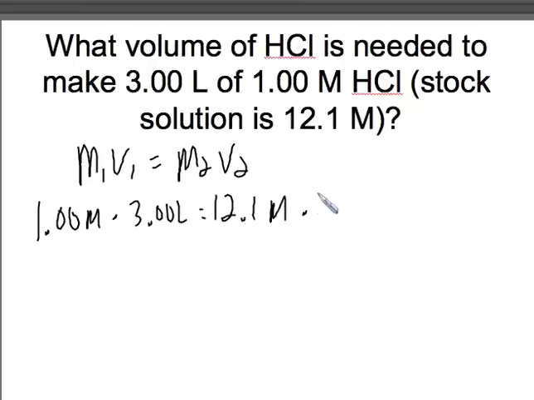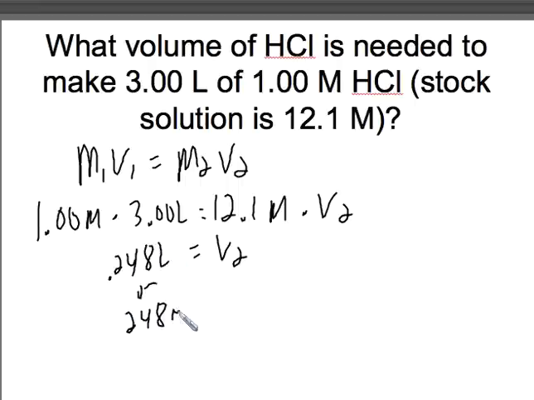So the question is, how much of that stock solution do I need? If I do the algebra and take 1 times 3 divided by 12.1 and solve for V2, getting V2 by itself, I get 0.248 liters, or 248 milliliters.